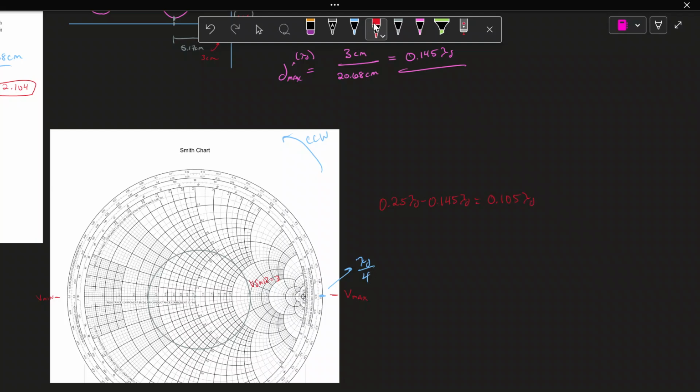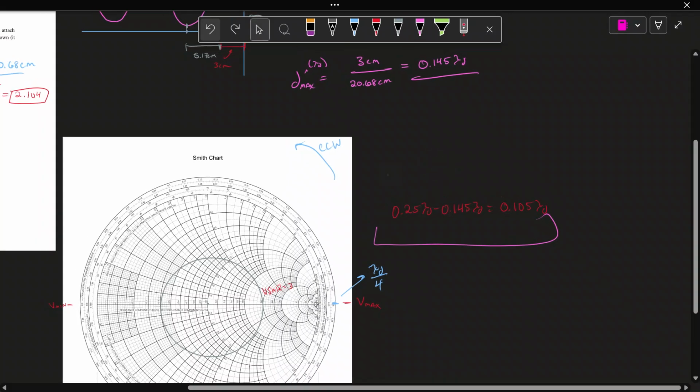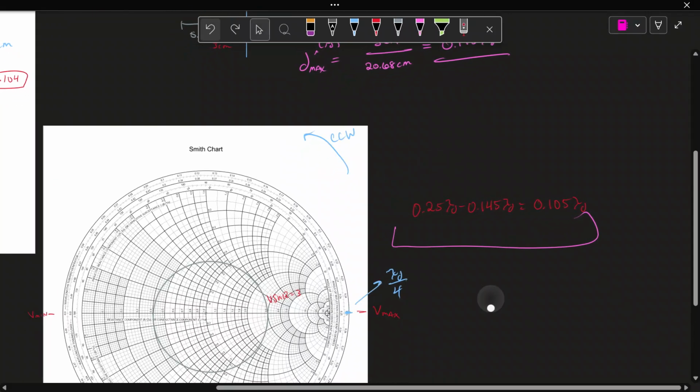So this is the distance from the max point, this 0.145 lambda d. So really you don't have to do this subtraction. You really just need to know the distance from the max voltage, which will be 0.145 away.